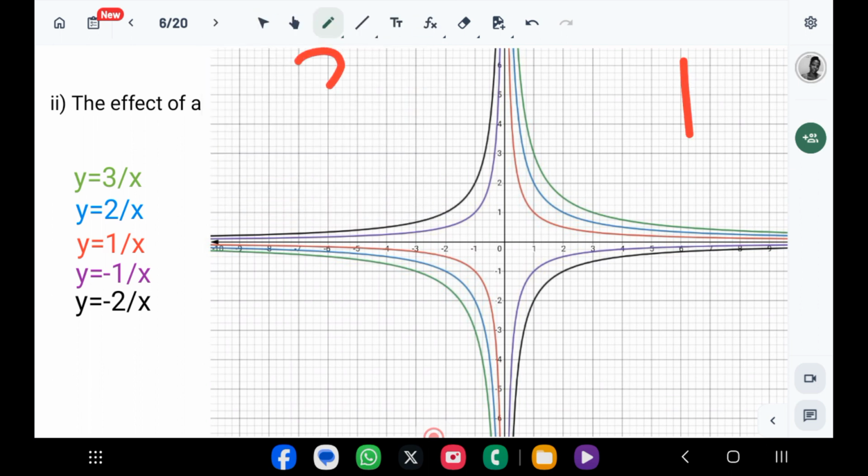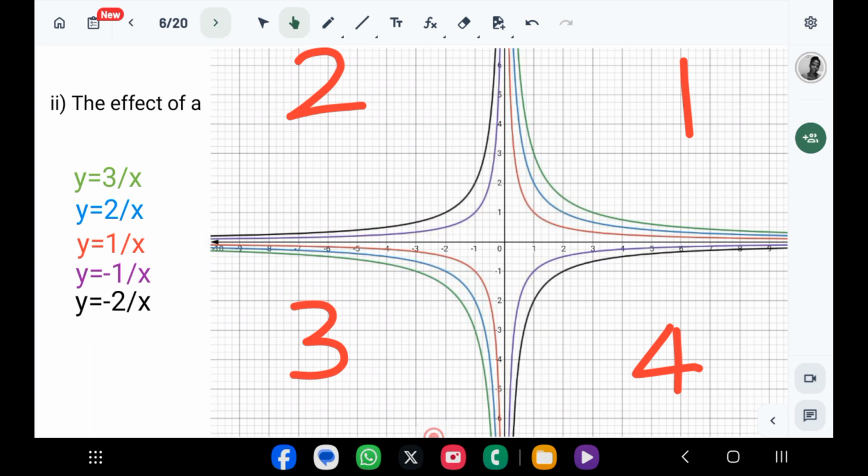This is quadrant 2. That is quadrant 3. And that is quadrant 4. Now, when your a is positive, your graph will be in quadrant 1 and quadrant 3. And when your a is negative, for example in the purple graph and the black graph, then it will be in the second and fourth quadrants.